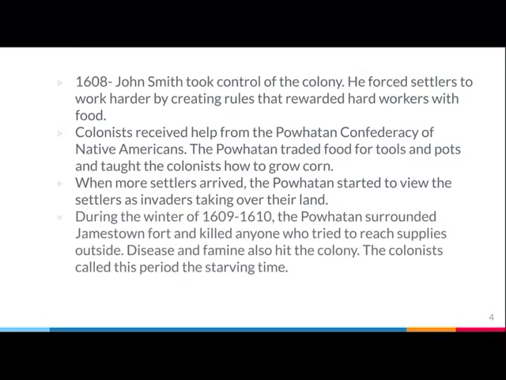You need to be healthy and have food to survive, and they didn't have that, and so a lot of these colonists died, and this winter was called the starving time. So by spring, only 60 colonists were still alive. So not a lot.